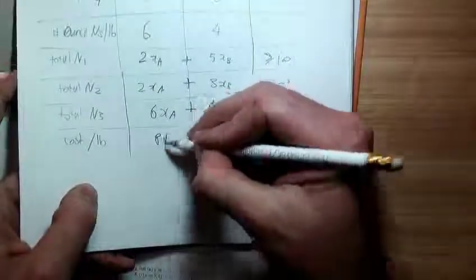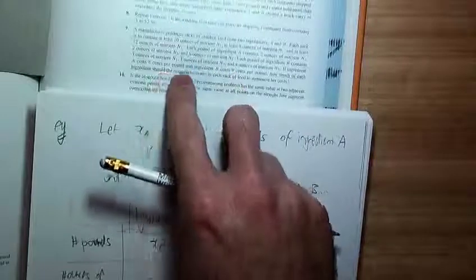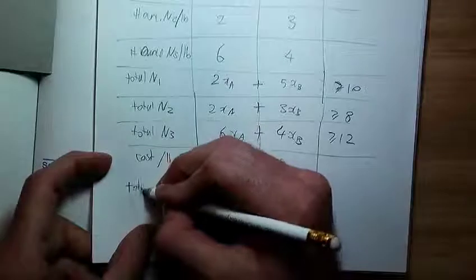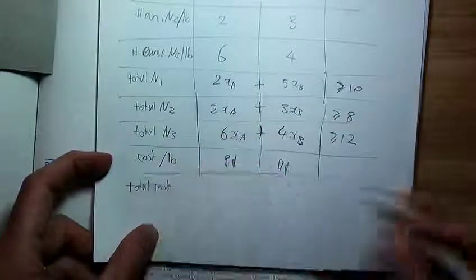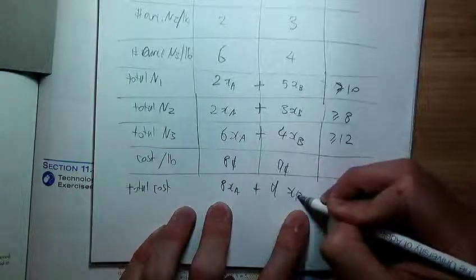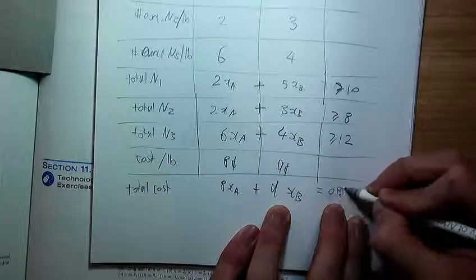Okay, so ingredient A is 8 cents per pound. Ingredient B is 9 cents per pound. And what did we want? Minimize total costs. So we're going to need total costs. So 8XA and 9XB. And that's the objective.